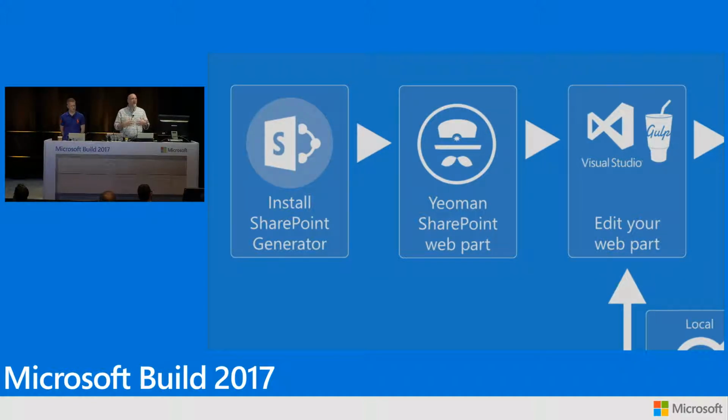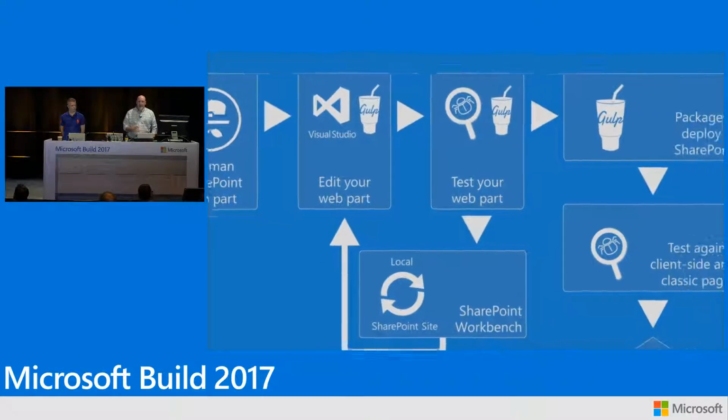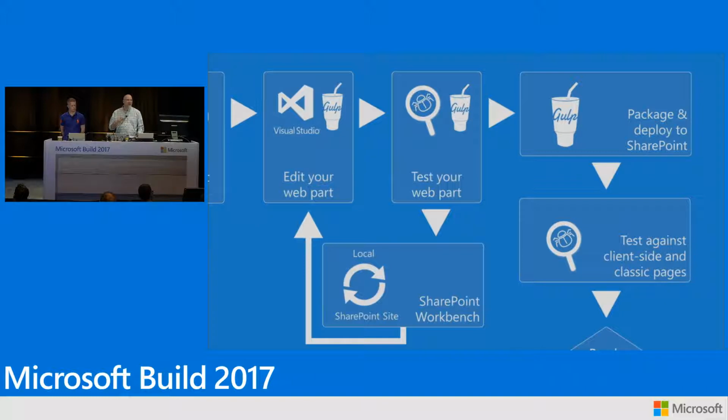You then build whatever your custom solution is using Visual Studio Code or whatever editor you choose to use. Once you've done that, you get to play with a really cool new feature that we call the workbench. And so you're going to be able to build your web part or your extension and then test it. Well, extensions, we'll have a conversation about that in a second, but certainly your web parts.